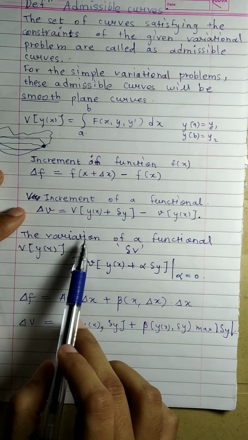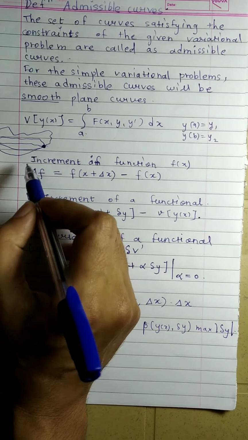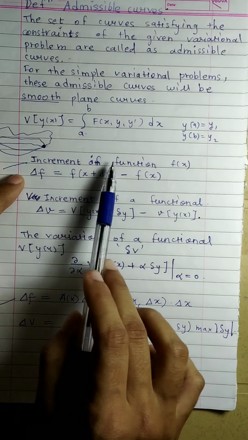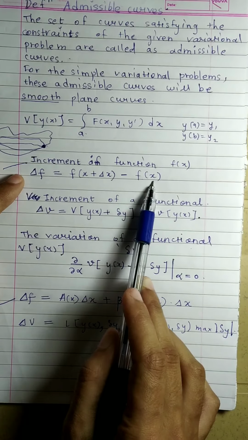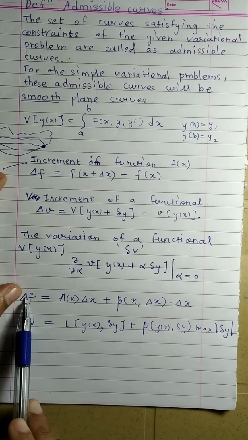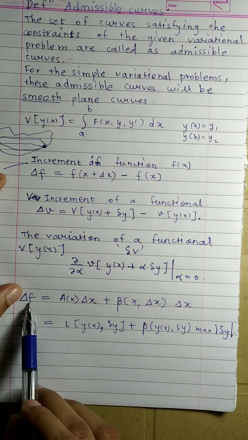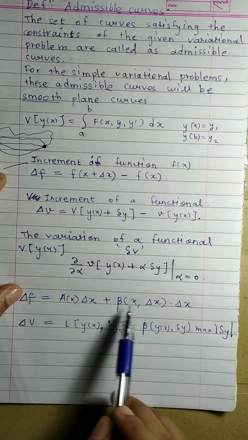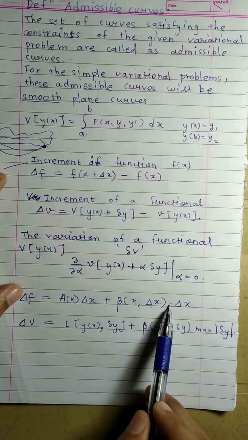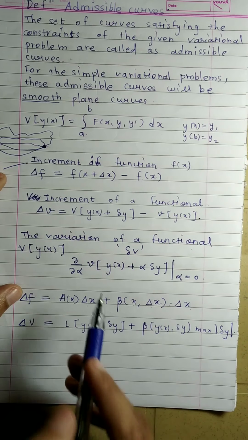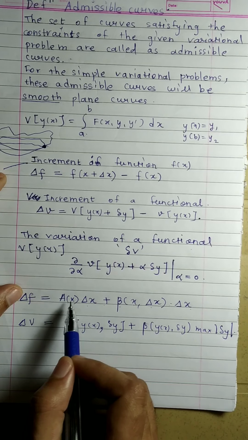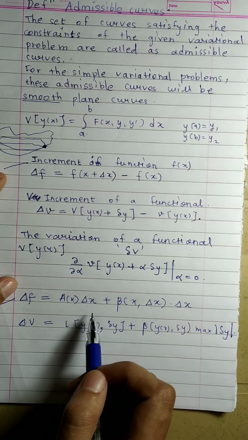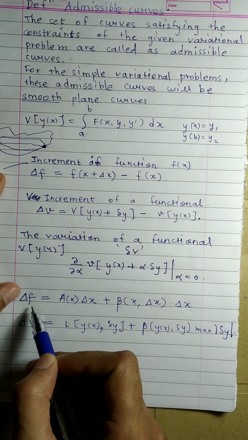Now what is this variation of a functional? First let us relate this and this. When I say the increment of a function f of x is given by this, it can be written in this form, where delta f is equal to A of x into delta x plus beta of x comma delta x into delta x. And here this A of x is completely independent of delta x. I will not go into the reasoning of why we can write this in this form.